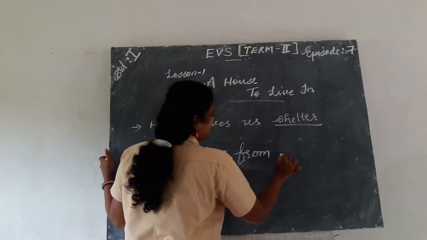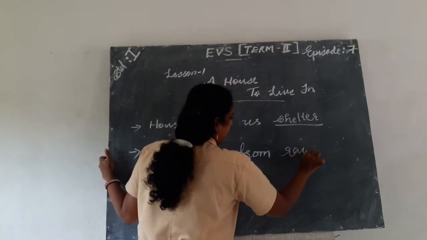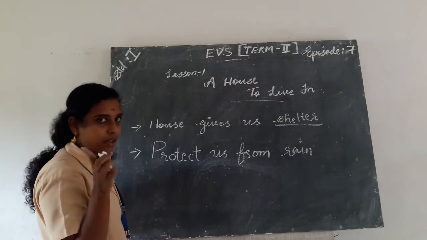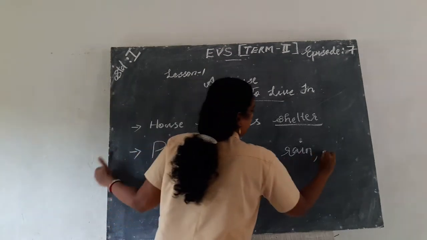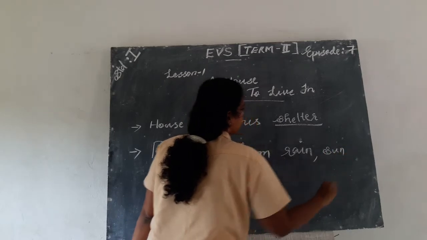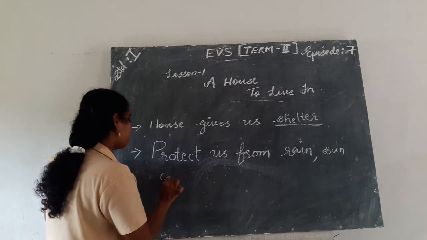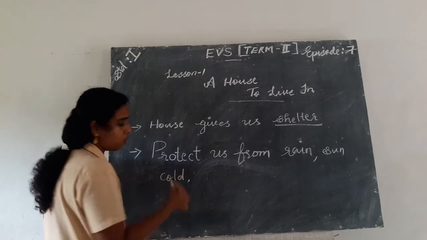Our house protects us from rain, R-A-I-N, rain. Then sun, S-U-N, sun. Then to protect us from cold, C-O-L-D, cold.